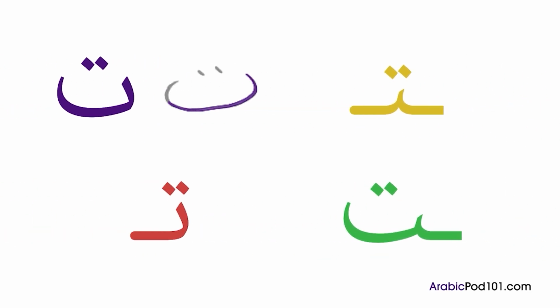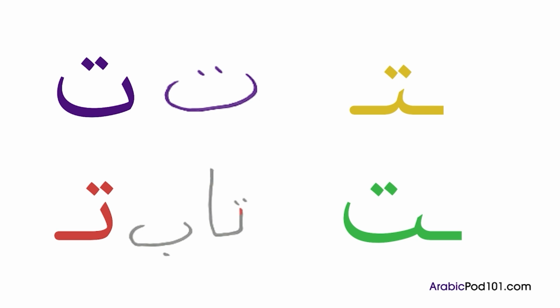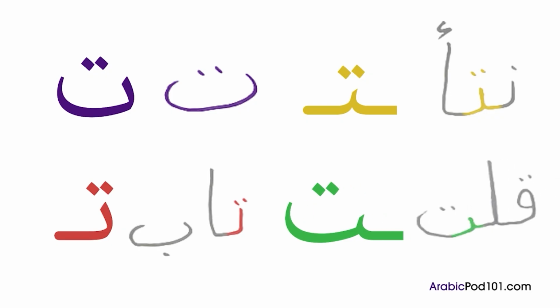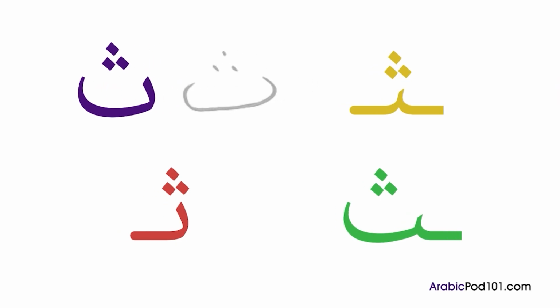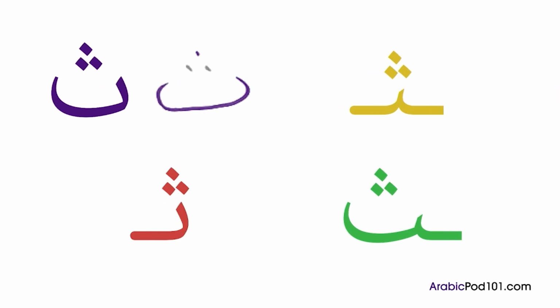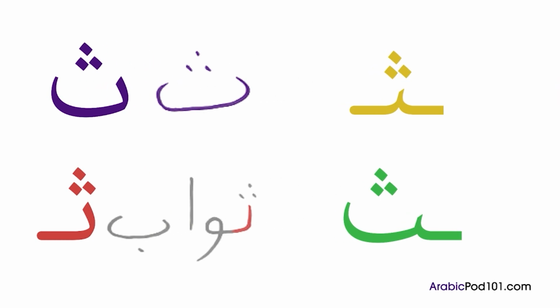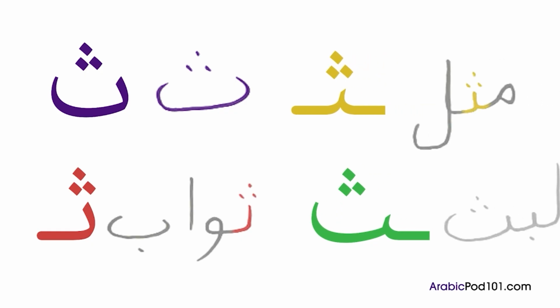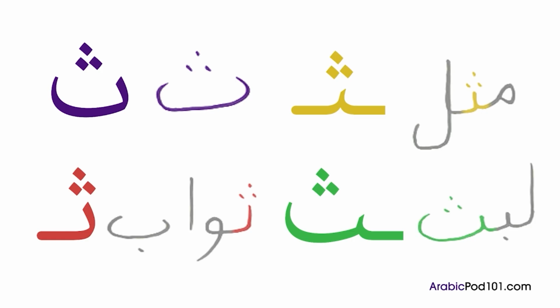Isolated, initial, medial, final. Finally, we have tha. Isolated, initial, medial, final. That's it for lesson 2. Their shapes look like a boat, remember?